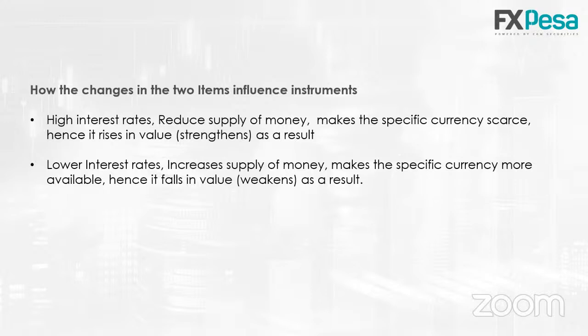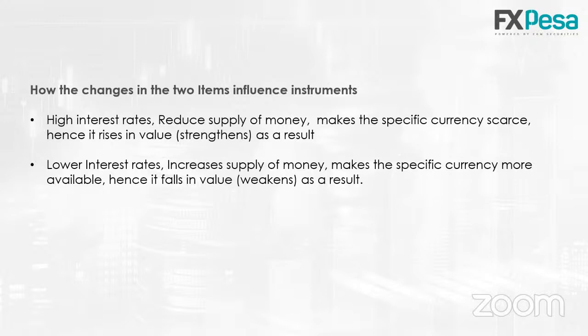Then it reduces the supply of that GBP, makes the currency a little bit scarce. Its value rises. When its value rises, it strengthens as a result against other currencies. So any pair which is placed against GBP is likely to weaken against it because of that.